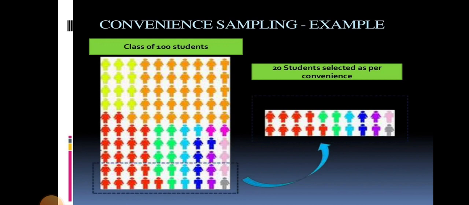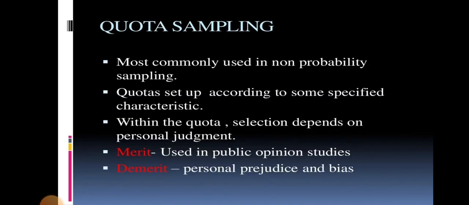We can find that students of different categories are there, and among them, I take conveniently those who are under my convenience, living near my house or near my area. Like that I can conveniently take out 20 students and do the sampling of those students.